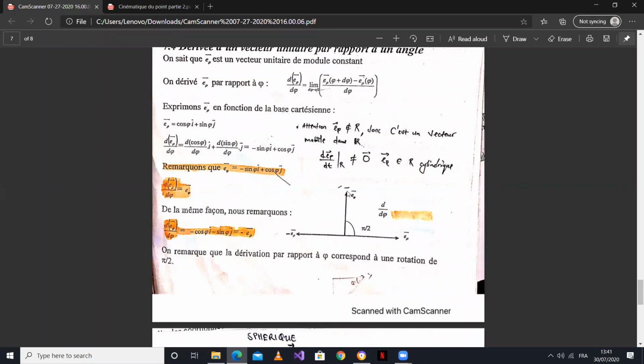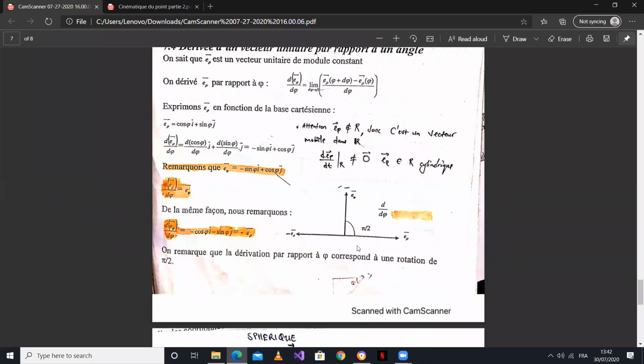Then when you derive e_phi with respect to phi, it's going to give you minus e_r. And when you derive minus e_r with respect to phi, it's going to give you minus e_phi. And when you derive minus e_phi with respect to the angle phi, it's going to give you e_r. And just like that.